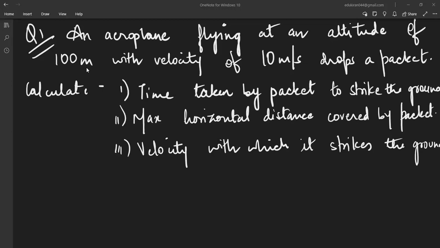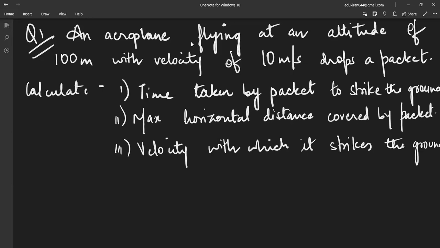Now the first one, the formula is time of flight. How much are you getting for the first part, Martin? The formula is time of flight, yes, under root 2h by g. Wait, let me discuss it with you now. An aeroplane flying at an altitude of 100 meters with velocity 10 meter per second drops a packet.